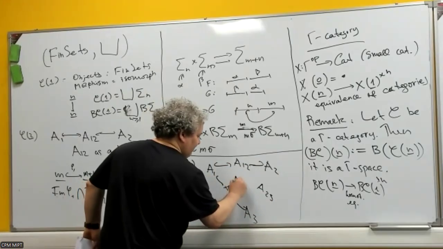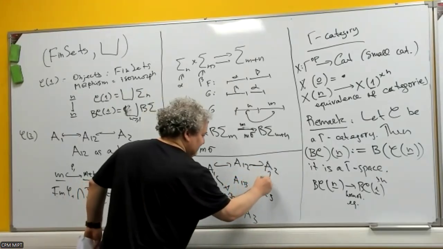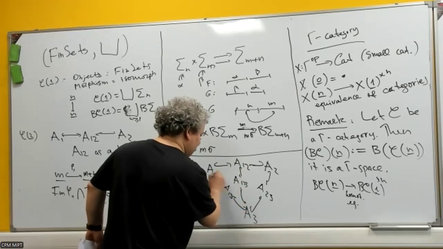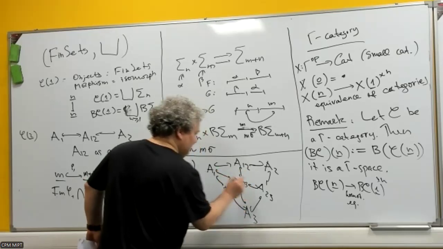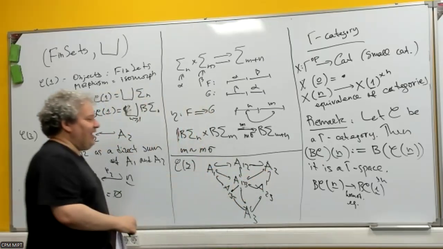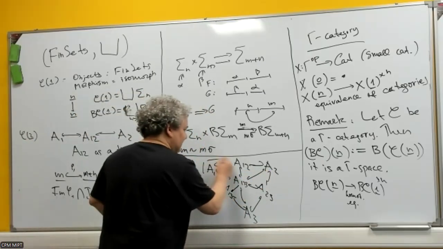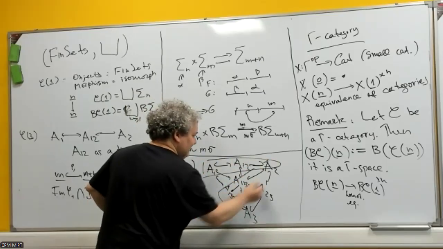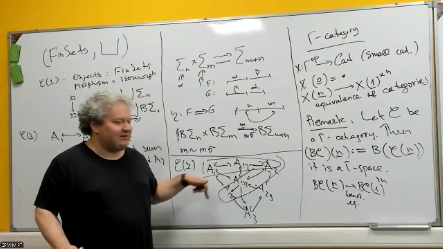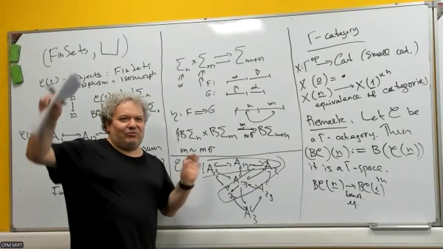The idea is that each straight line, for example this one or this one, represents the object in the middle as a direct sum of the objects at the ends.